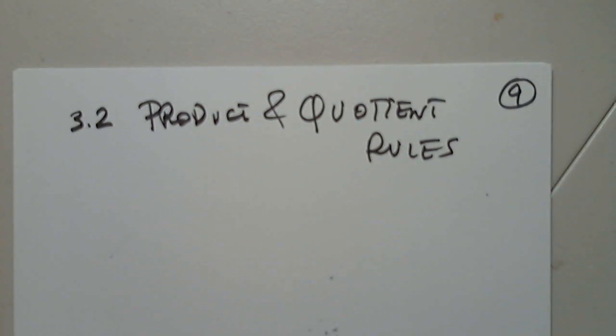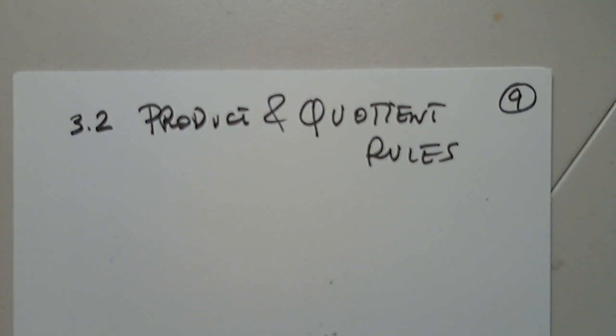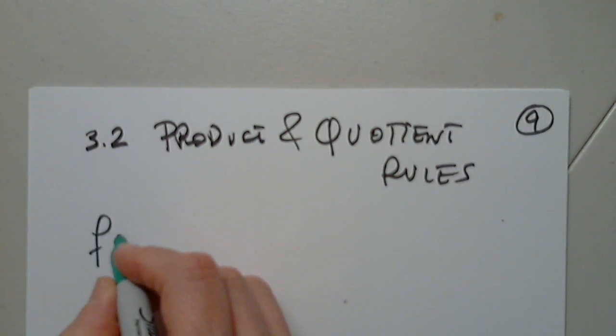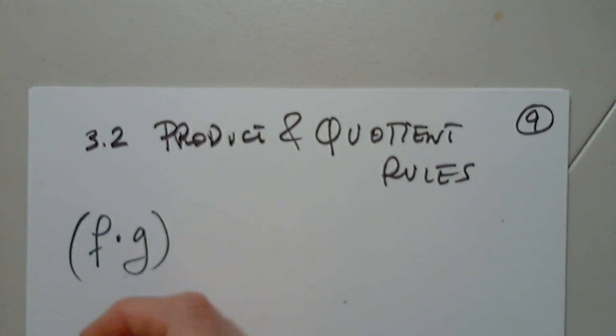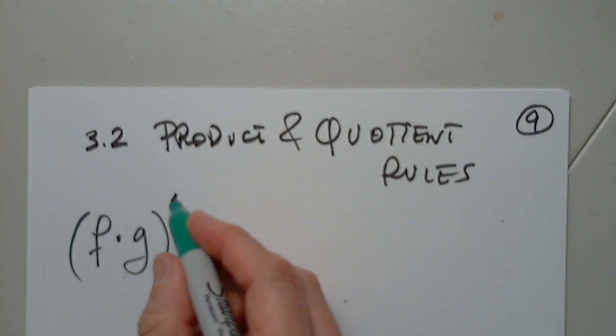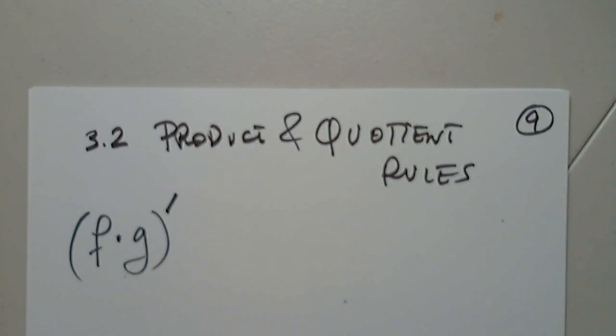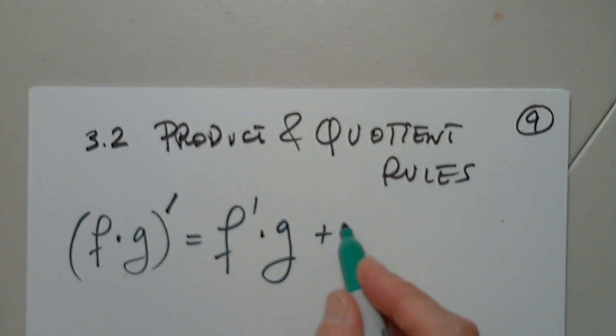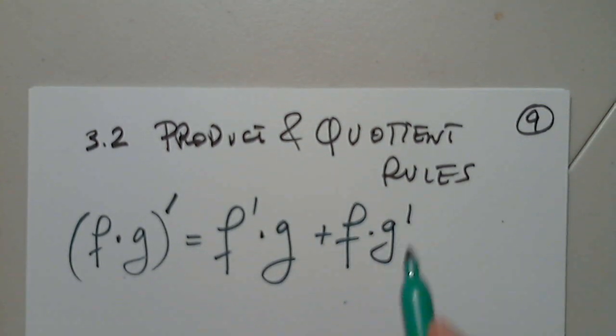I accept other options. I recommend the following, but if you are used to a different setup, I agree with it. So I like to write this. When we have a product of two functions and we want to differentiate, I like to write f prime times g plus f g prime.